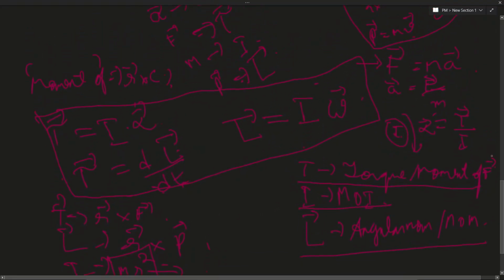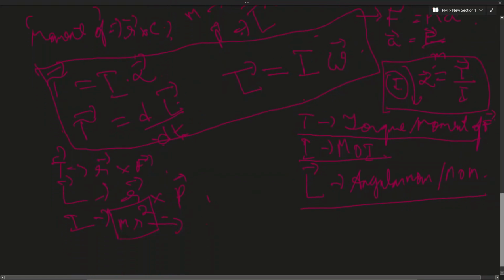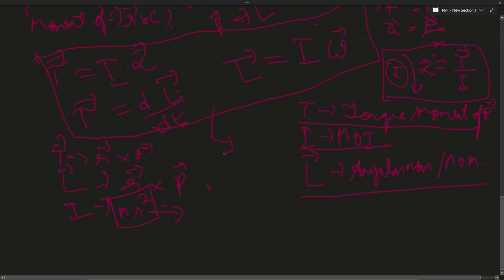So what I was trying to say here is that these set of relations give us an approximate idea about how an object behaves during rotation.